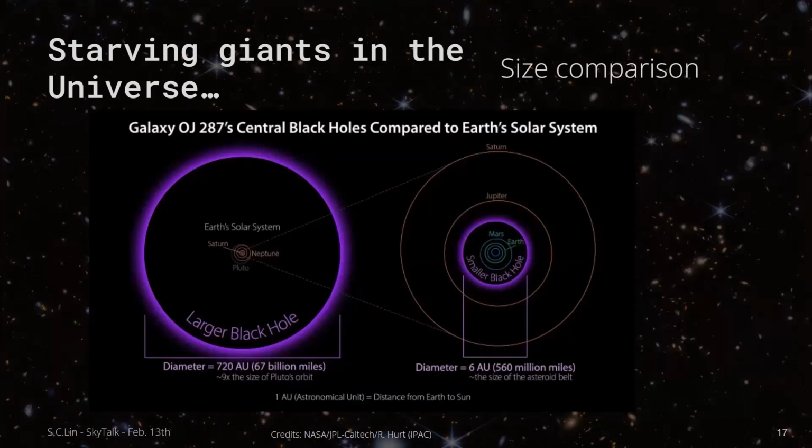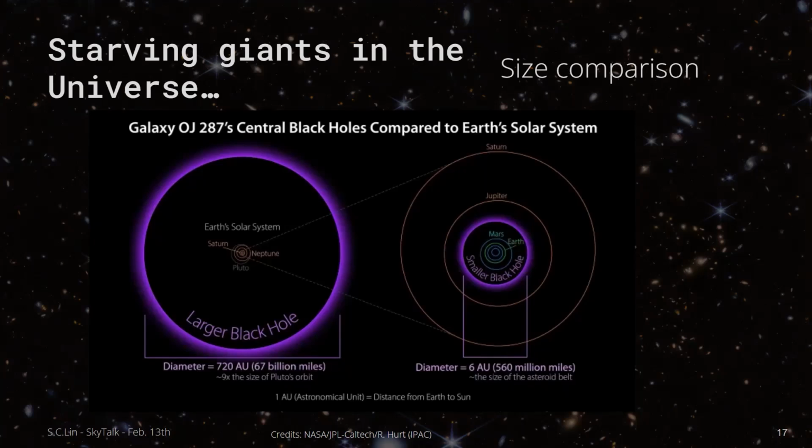In order to give you some size comparison of how big a stellar mass black hole and a supermassive black hole could be, you can look at this image here, where this could be some stellar mass black hole, which has a size of about 6 astronomical units, or maybe 560 million miles.